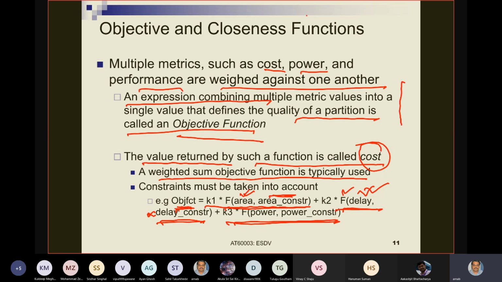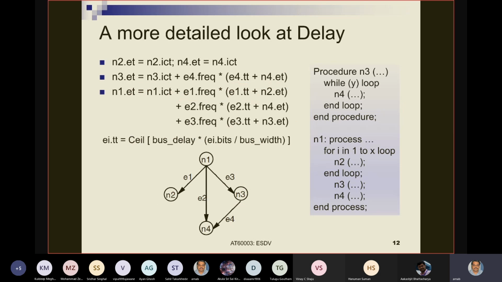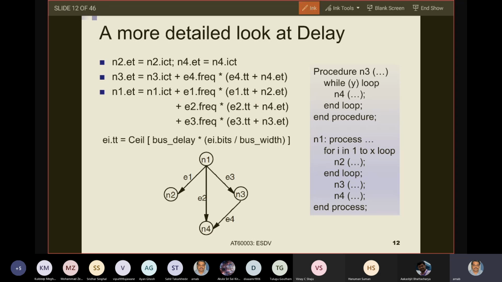Let us take one of these parameters and dig down in a bit more detail as to how you determine the delay corresponding to a certain piece of code. Let us say this piece of code, which is functionality n1, has multiple subfunctions in it. It calls n2, n3, and n4 to complete.